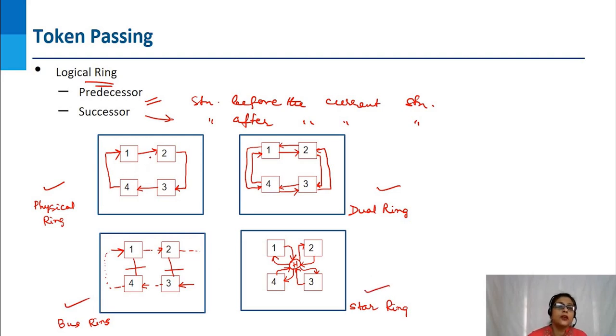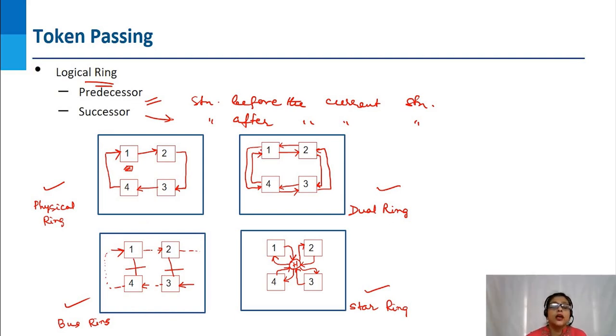In the physical ring, the stations are connected to one another and a token is passed. This token is a packet which indicates that this particular station is accessing the channel. So the token is passed from the current station to the successor station and so on. It forms a physical ring type of structure.